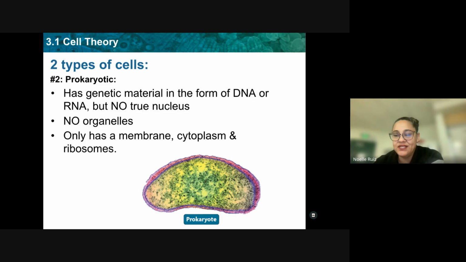It doesn't have a lot of organelles, has a membrane, it has cytoplasm. It does have one organelle called a ribosome. Ribosomes make proteins. Proteins are what we need to live. So while it doesn't have all of them, like a eukaryotic cell, it is very simple. It just performs basic survival life functions.